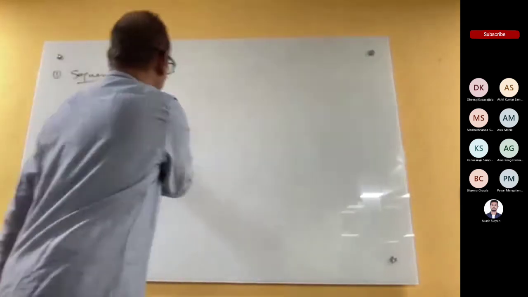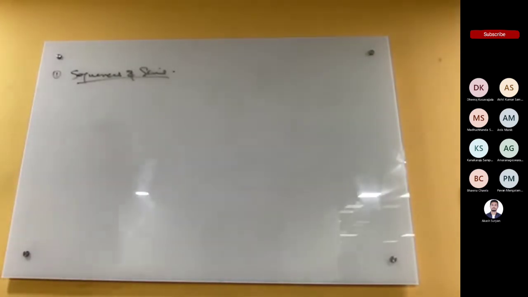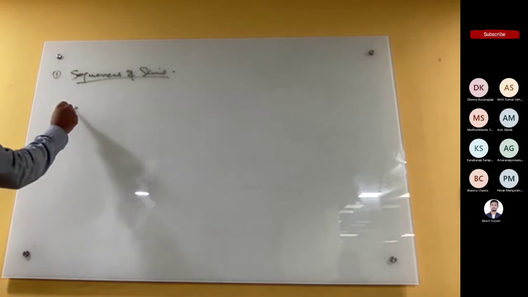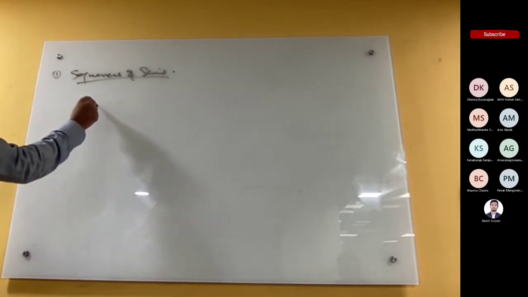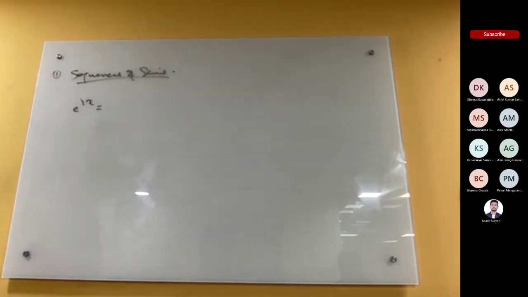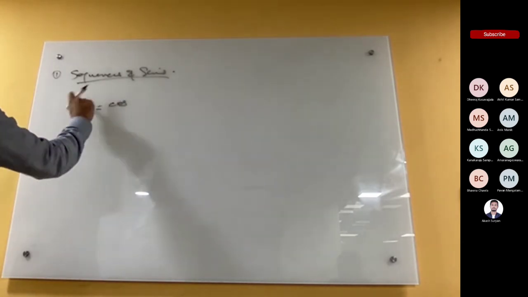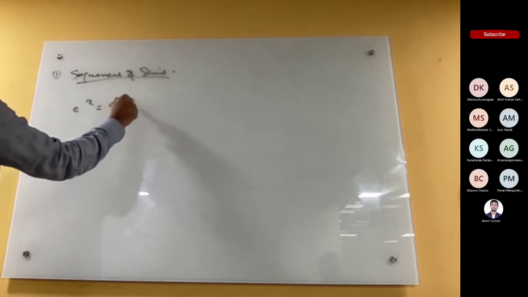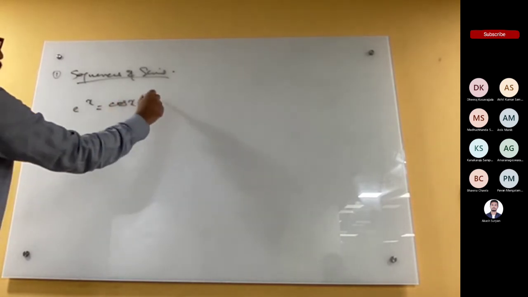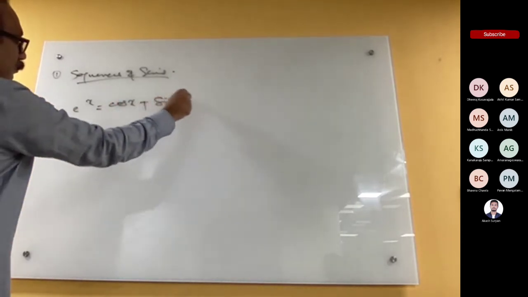Sin z will come the same, e power z will come the same, but there is one equation that we will use again and again. e power ix, I think everybody knows this derivation, can be written as cos x plus i sin x.